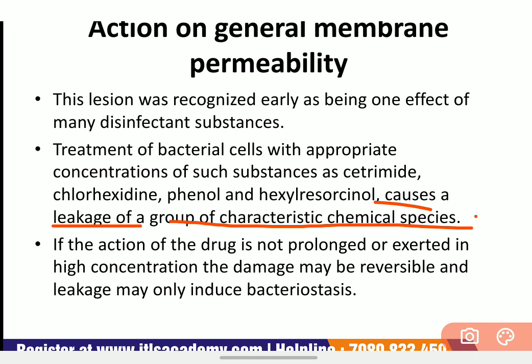The potassium ion, being a small entity, is the first substance to appear when the cytoplasmic membrane is damaged. Amino acids, purines, pyrimidines, and pentoses are examples of those substances which will leak from treated cells.